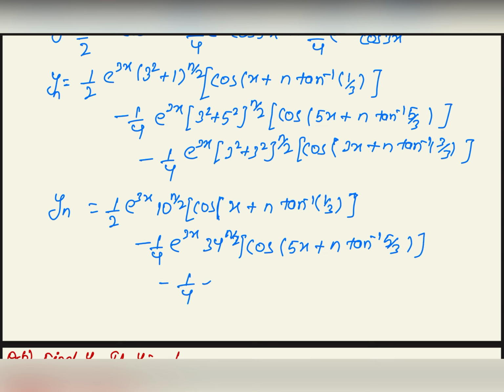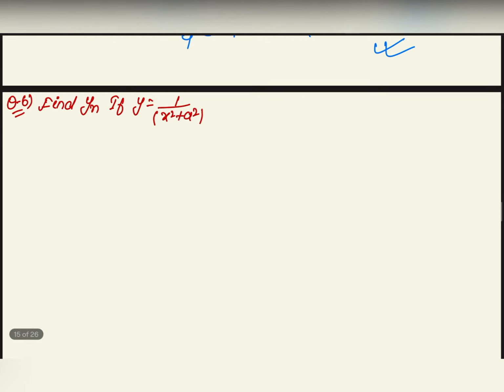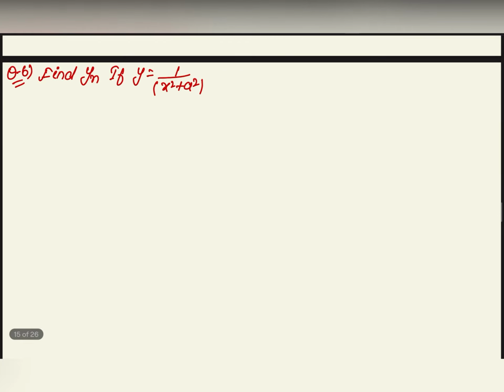Similarly, minus 1/4 e to the power 3x, that is 9 plus 9 is equal to 18 to the power n by 2, cos 3x plus n tan inverse 1. Hence this is the yn. Now this type of question comes in every university. Let us see how to solve it; this is a result, and it would be better if you remember it.